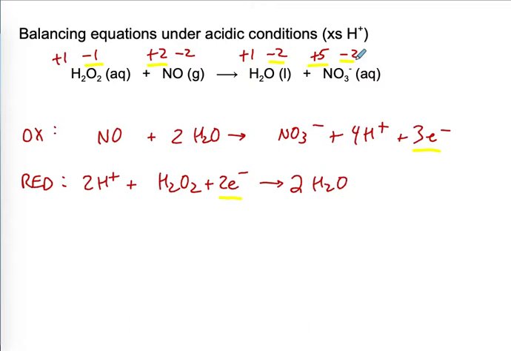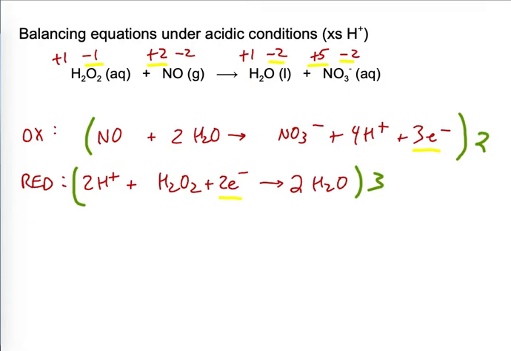So, can we add these two half reactions together now? No, we can't, because 3 electrons lost in the oxidation do not cancel 2 electrons gained in the reduction. The least common multiple of 2 and 3 is 6. So in order to have a total of 6 electrons lost and gained, I must multiply the oxidation half reaction by 2, and I must multiply the reduction half reaction by 3. Now, please do not try to take any shortcuts here. You will confuse yourself. Write the equations out again with your coefficients being distributed.